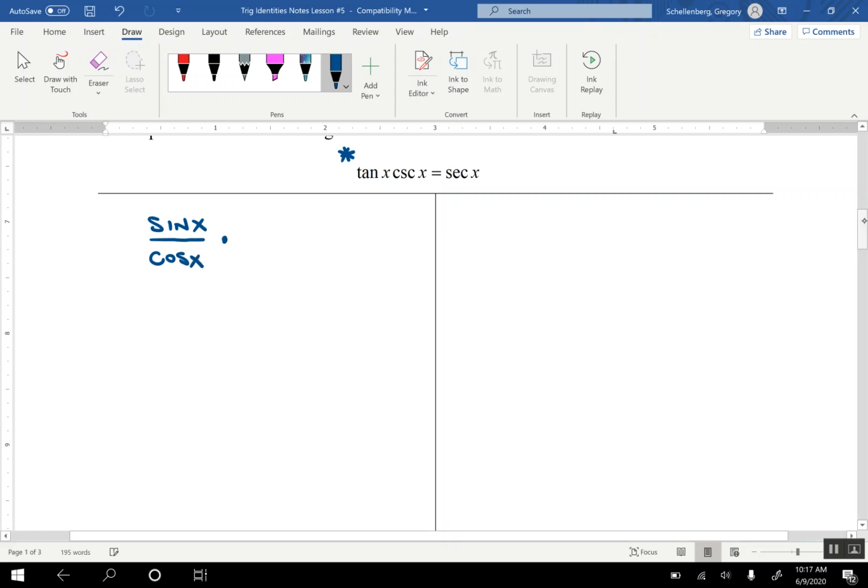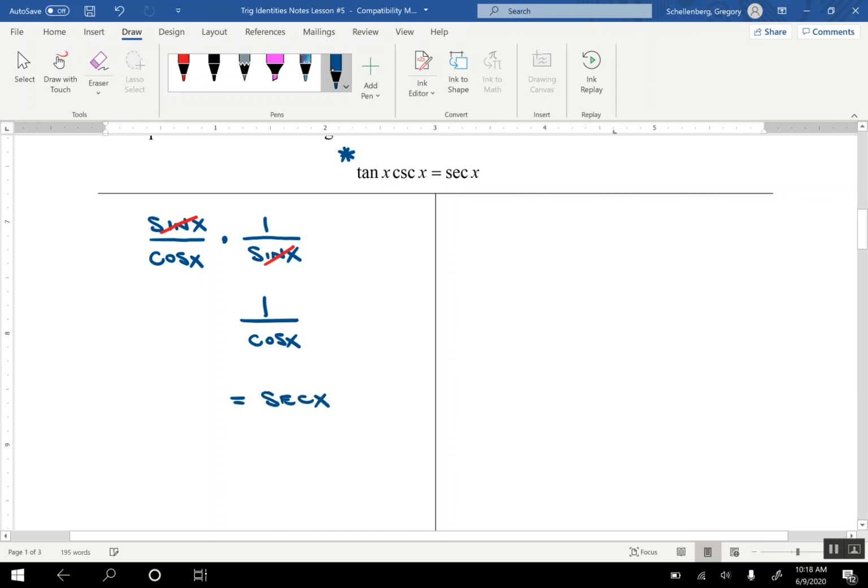Okay, and we're multiplying this by cosecant x, which I'll rewrite as 1 over sine x. Okay, these sine x's cancel each other out. We end up with 1 over cos x, and 1 over cos x is equal to secant x.